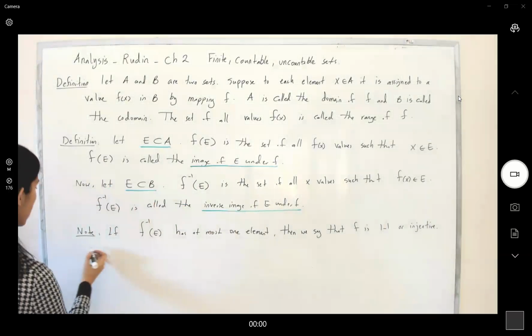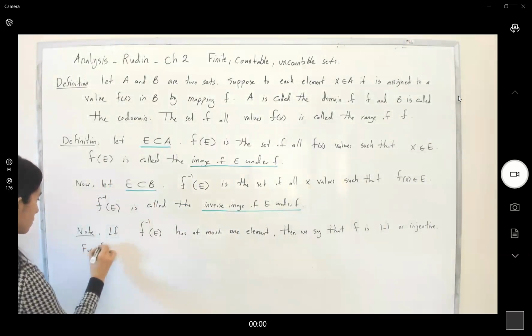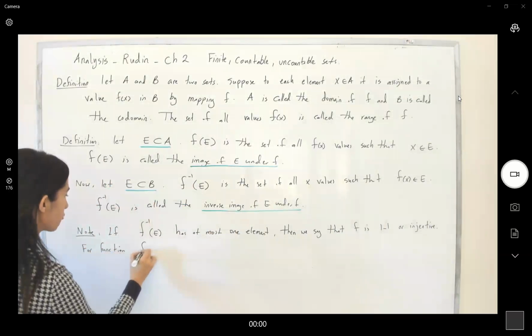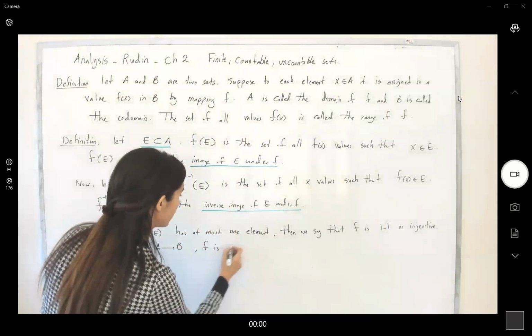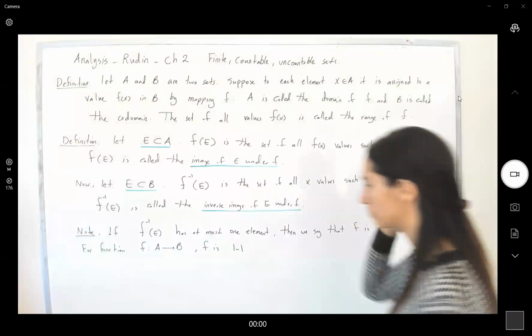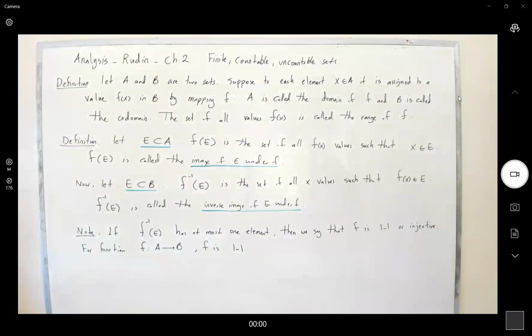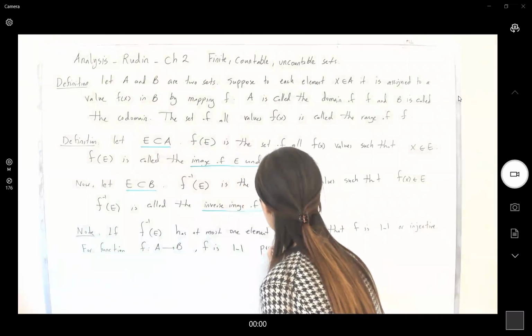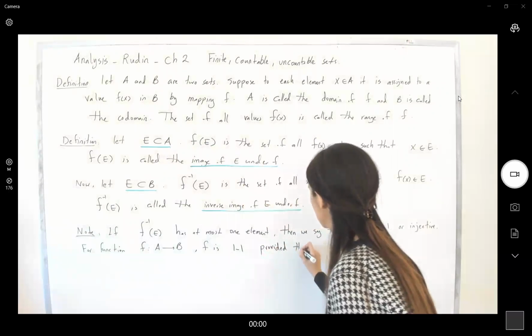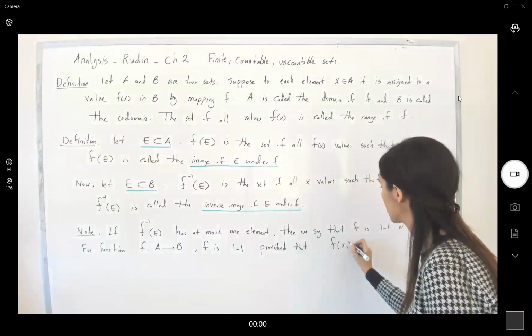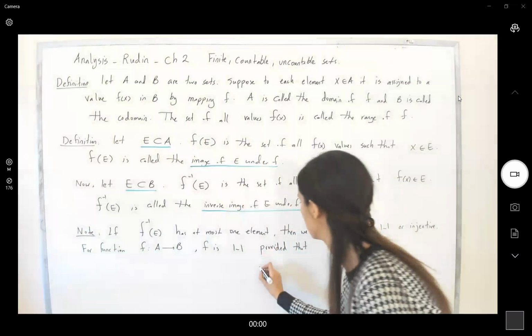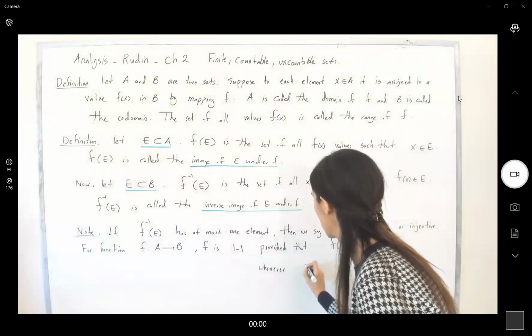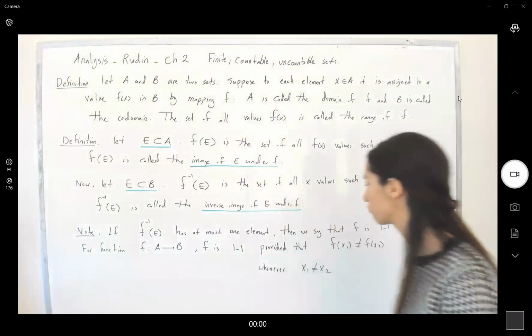More officially, we can say that for function f that maps A to B, f is one-to-one provided that y values are different from each other whenever x values are distinct from each other.